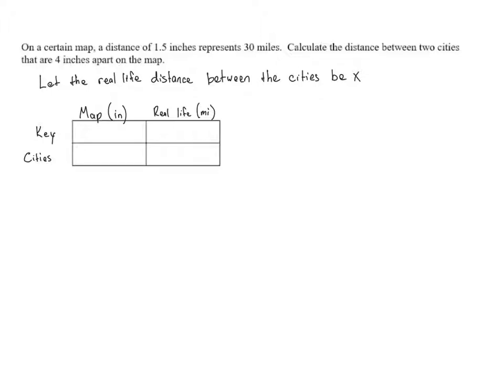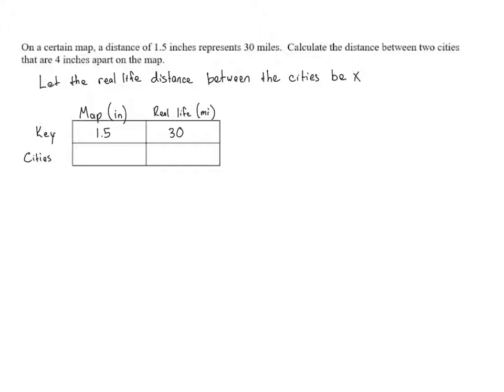Let's see if we can fill in this table. On the upper left-hand side, we want to know what the key says about inches on the map. And we can see that the key tells us 1.5 inches is actually 30 miles in real life. So we can go over to the real life column and put 30 there, because 1.5 inches on the map corresponds to 30 miles in real life.